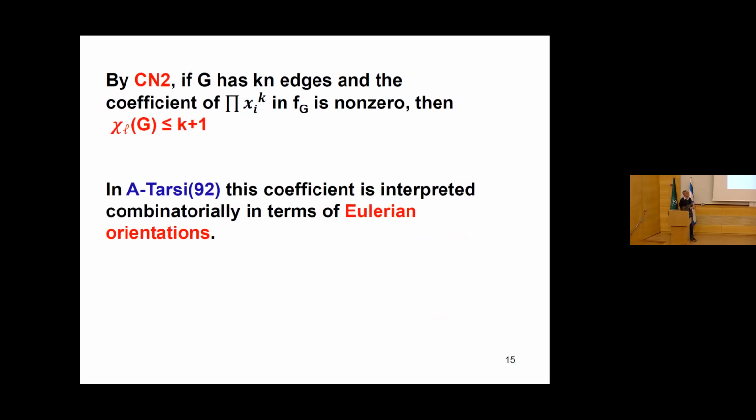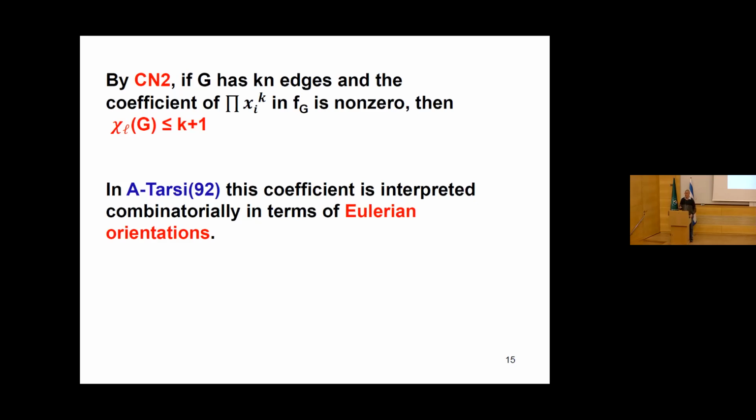Let me get back to list coloring. So again, by the version of this combinatorial Nullstellensatz that I mentioned, if G has k times n edges, the total degree of the graph polynomial was the number of edges.